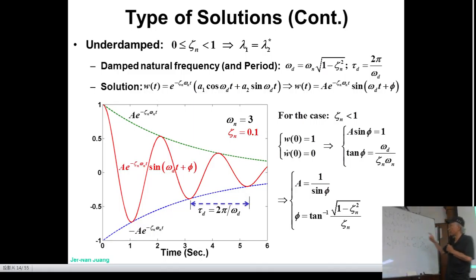So for each eigenvalue pair you solve from here, that means lambda 1 and lambda 1 conjugate, you can use this formula to solve for your natural frequency and your damping ratio. Understand now? Any problem?